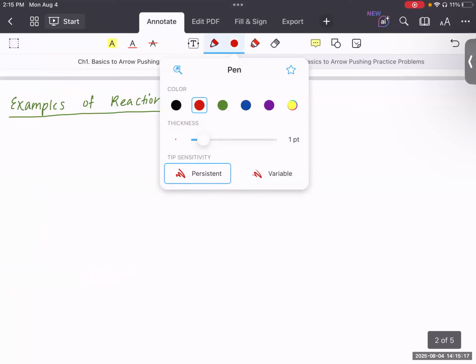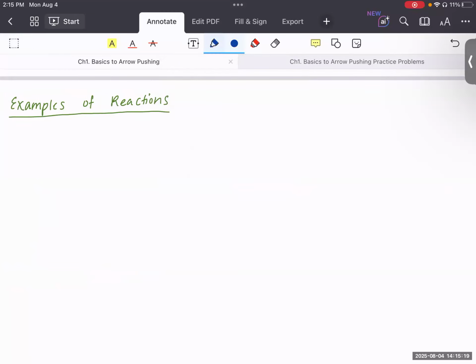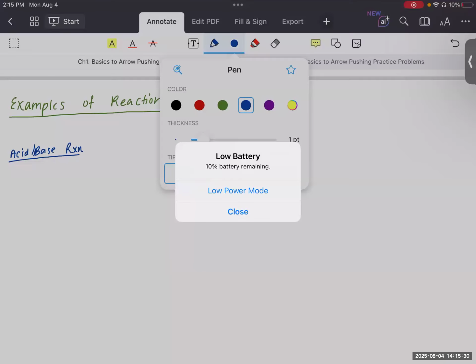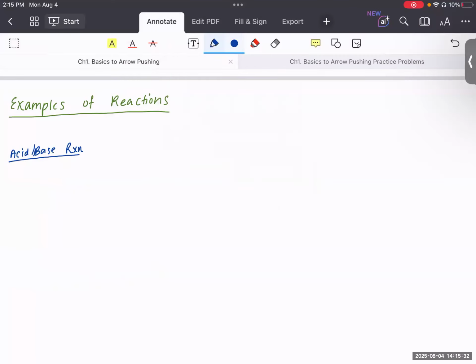Next, we can do some examples of reactions. So let's start off with an acid-base reaction. And so for this one, we can draw out something like a carboxylic acid.